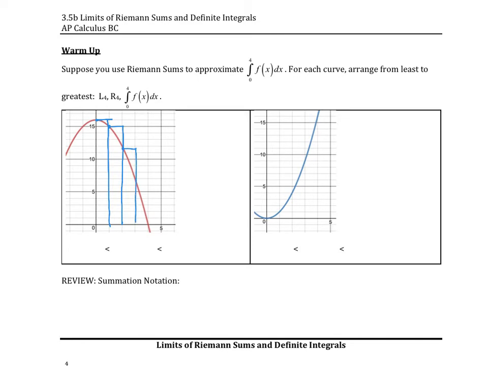So I would say the left-hand sum is going to be the greatest. The actual area under the curve, so this is the actual area. And then that leaves by default my right-hand sum here. But that should make sense because my right hand connects there. It's just underneath the curve.